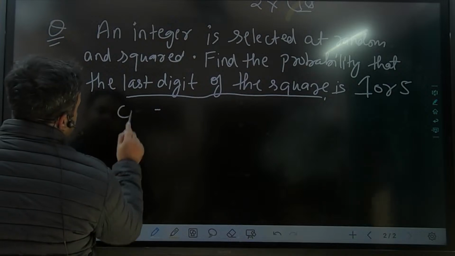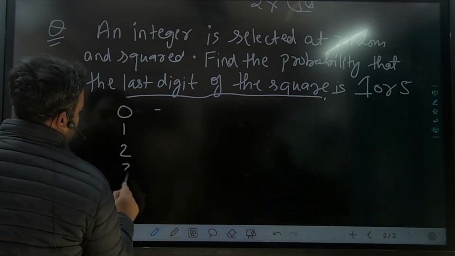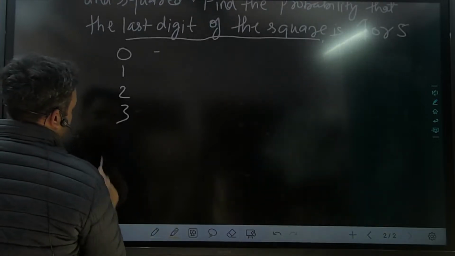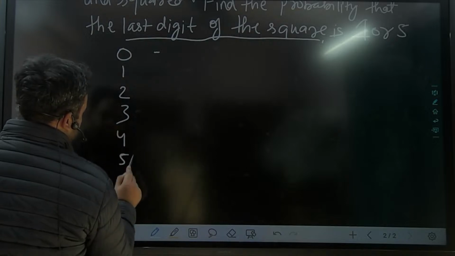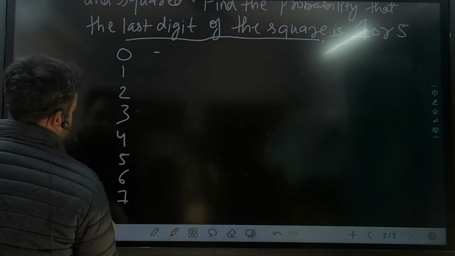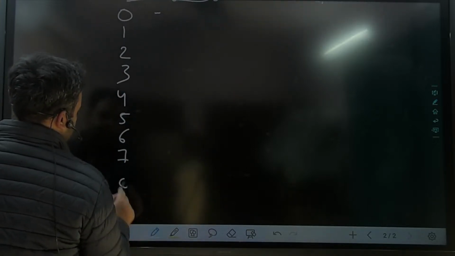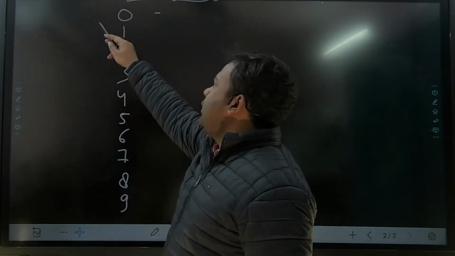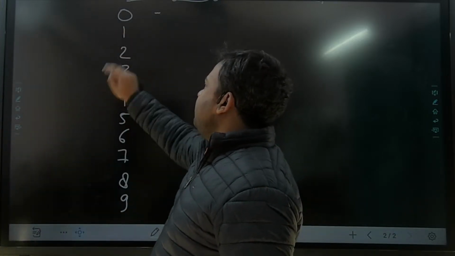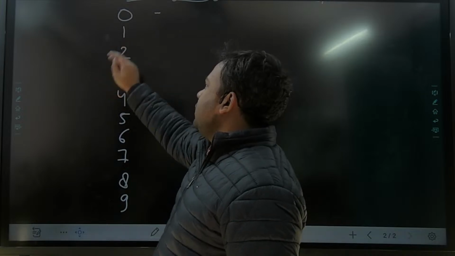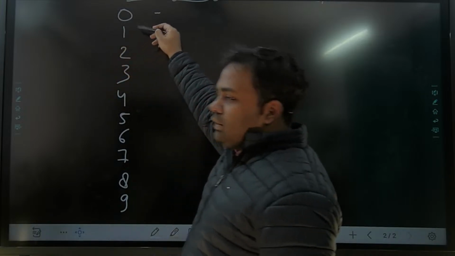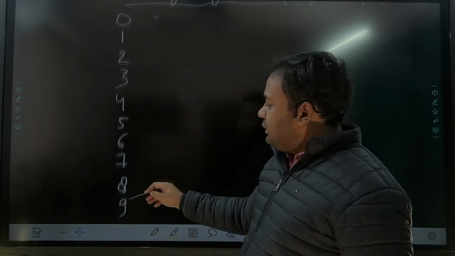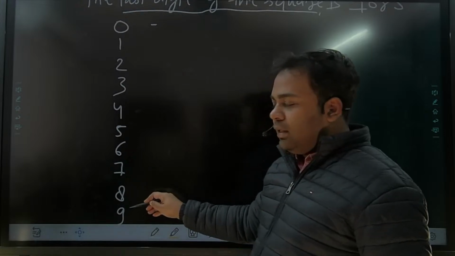So the last digit can be 0, 1, 2, 3, 4, 5, 6, 7, and then we have 8 and 9, right? For example, this is 10, 100, 1000, this is 111, 121, 141, 211. The last digit is more important to us. Like this is 89, 999, right?